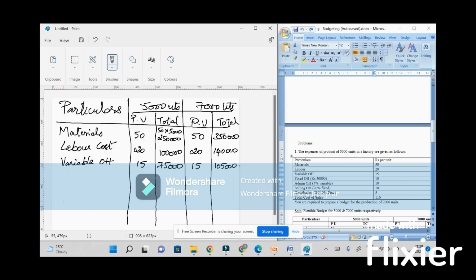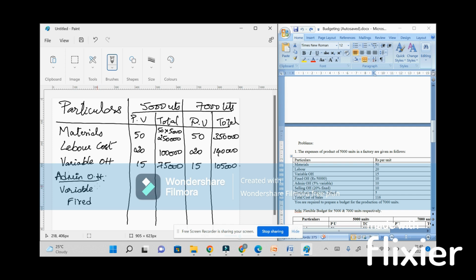I would come back to the fixed overhead a little while later. The next one is administrative overhead expenses, which is given in terms of variable and fixed. So, admin overhead, I would classify into variable cost and fixed cost.